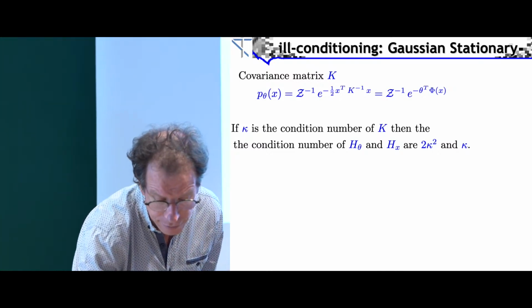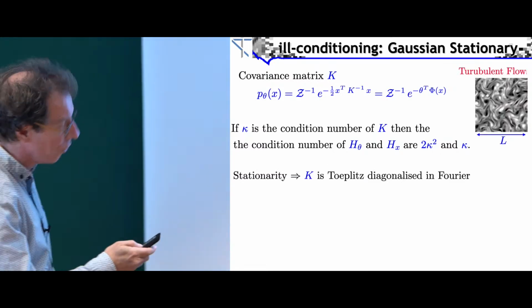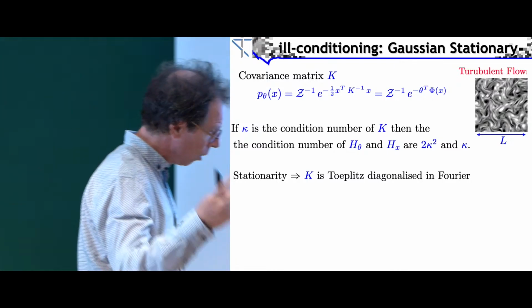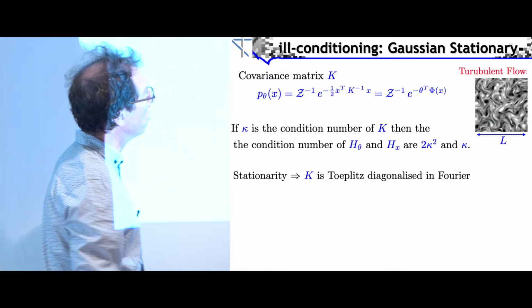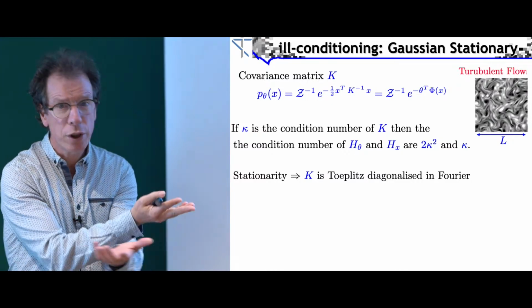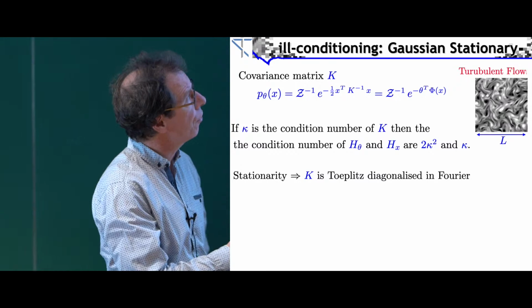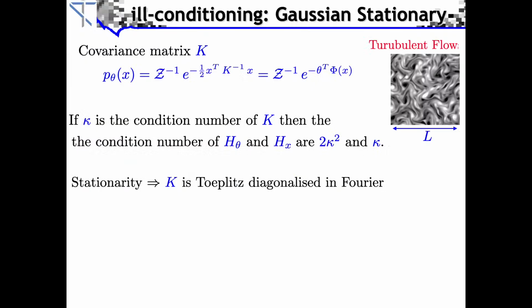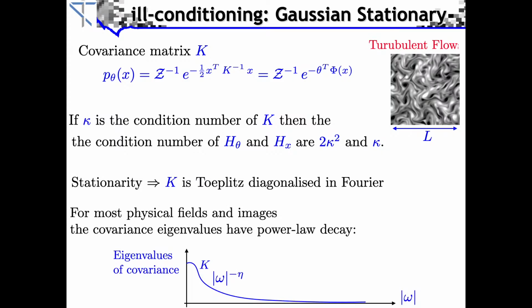Now, why is that an important case? Because if you take a typical image, whether it's a face or a turbulent flow, and consider it as a stationary process, that means that the covariance is going to be diagonalized in the Fourier basis, and you can look at the decay of the power spectrum, the eigenvalues of the covariance. And you are typically going to have, in turbulence, a power law decay.